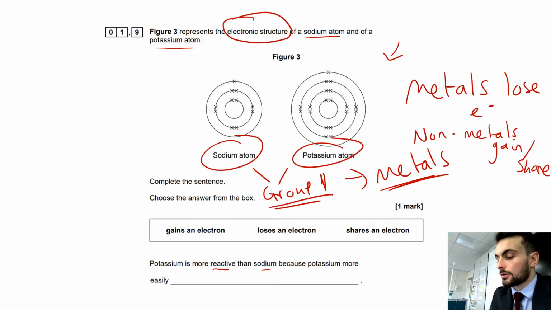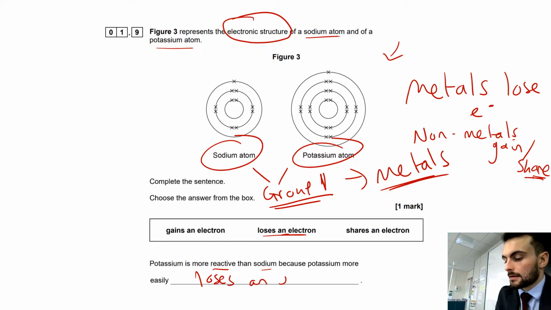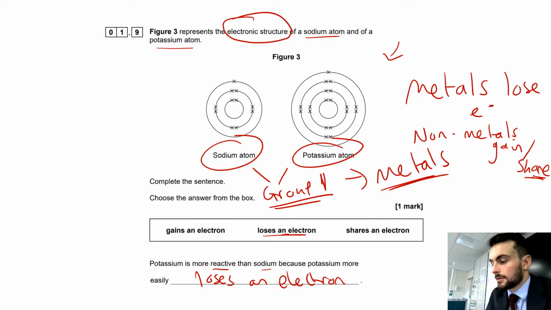So we're not talking about covalent already, we're not sharing electrons, and we just need to decide, is it going to lose or gain? But because it's a metal, we know that metals lose electrons no matter what. So potassium is more reactive than sodium because potassium more easily loses an electron. Just got to remember that metals lose and non-metals gain or share if it's covalent.